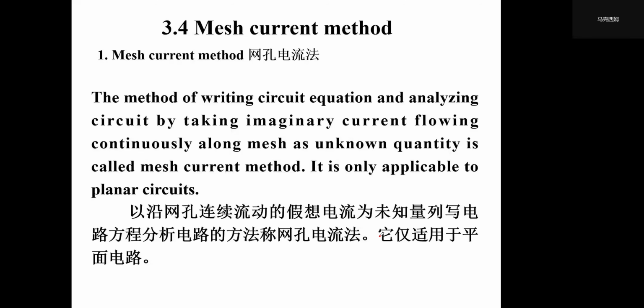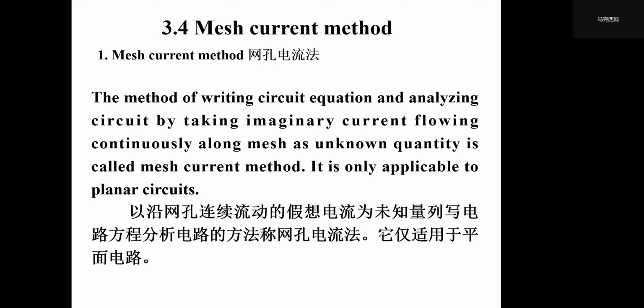This kind of method is based on assuming the mesh current to be the unknown variable to list the equations. But this kind of method is only applicable for planar circuits, or it's only useful in two-dimensional circuits.